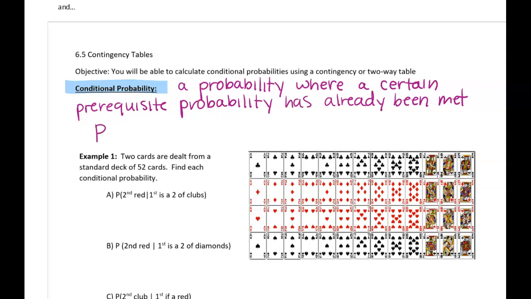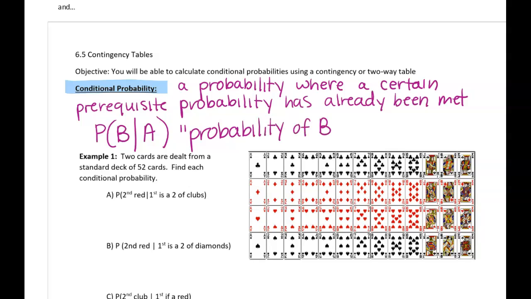So we usually write it like this: P of B, A, and that line means given. So this set of symbols, so to speak, means the probability of B given A. So that line means given.